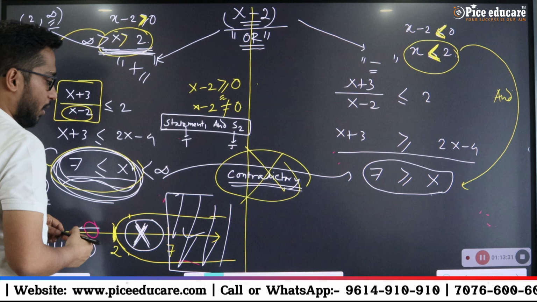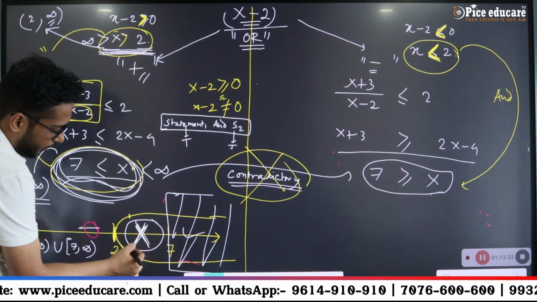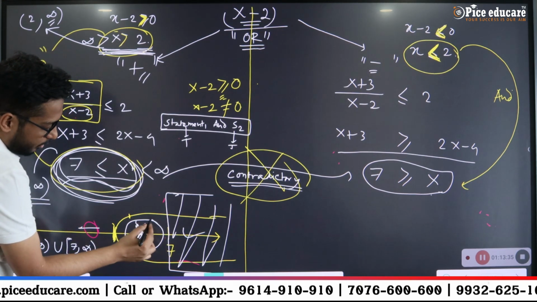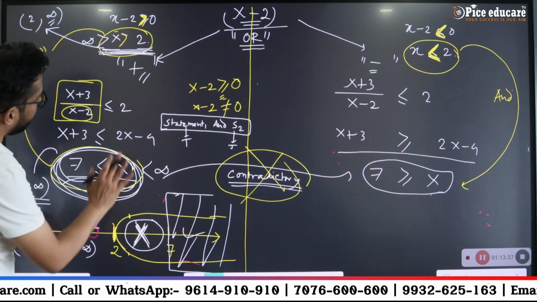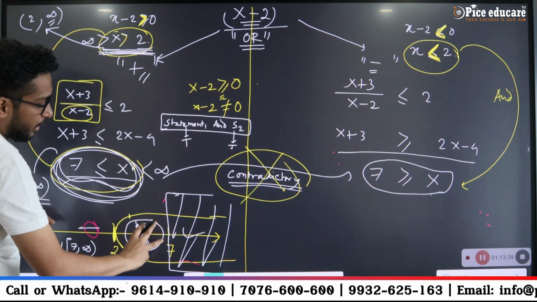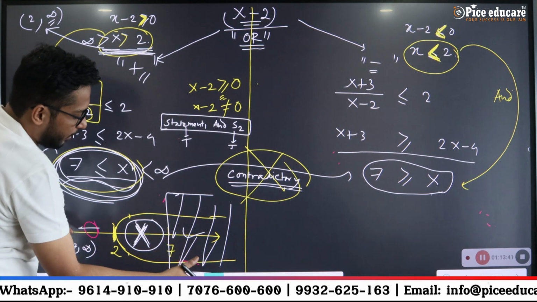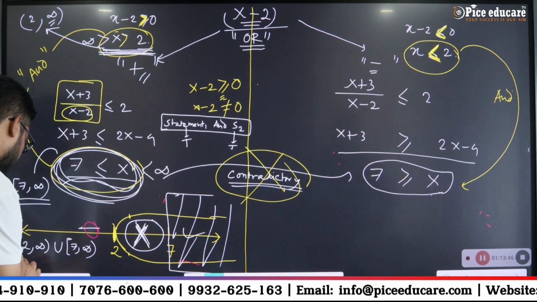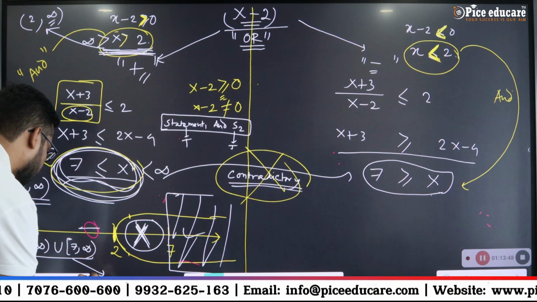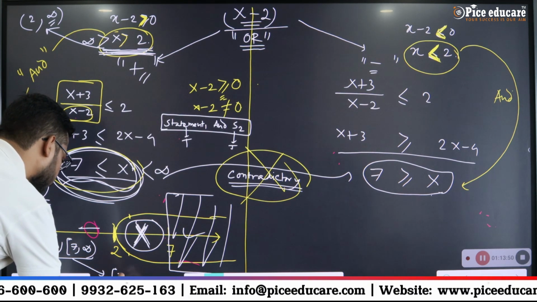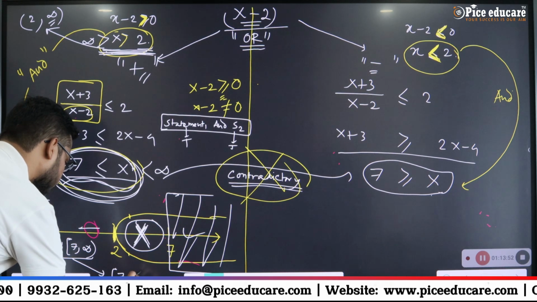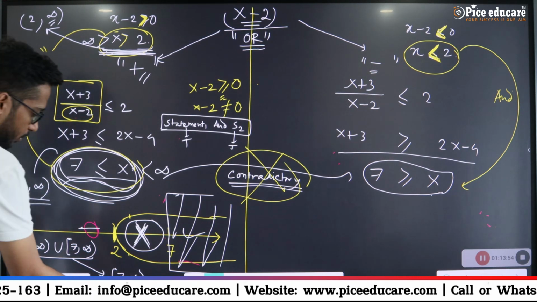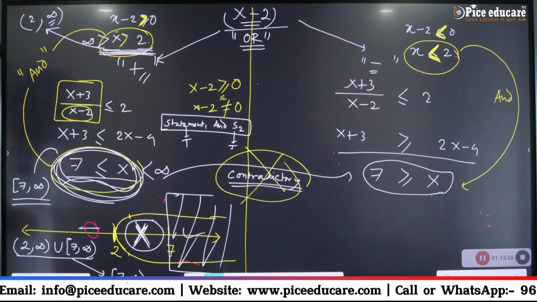So if I take a number in this region, x being bigger than 2 holds, but x also being bigger than or equal to 7 doesn't hold here. So eventually this operation will give you 7 comma infinity. This is the final result.